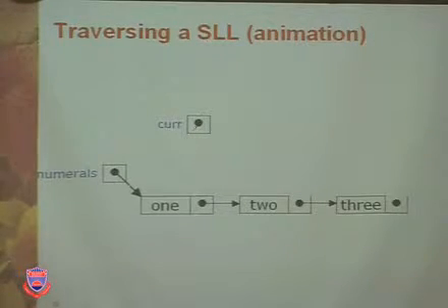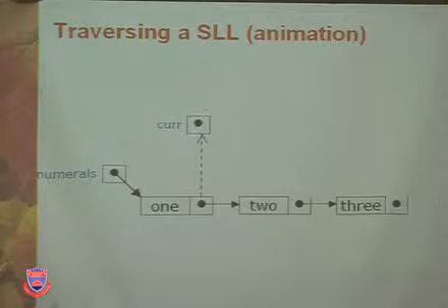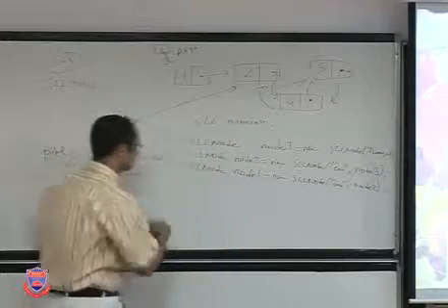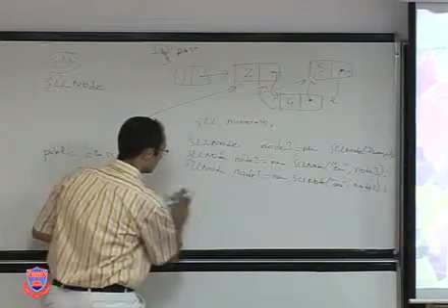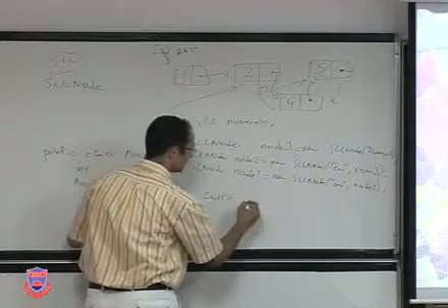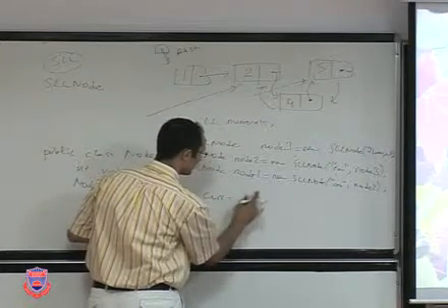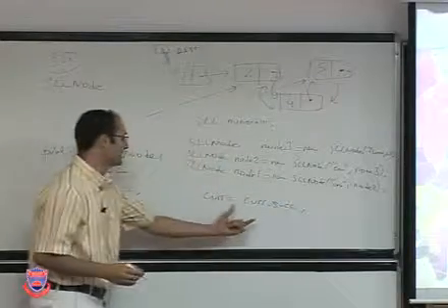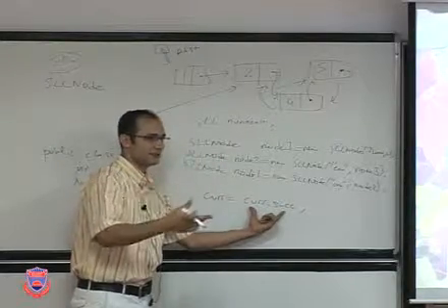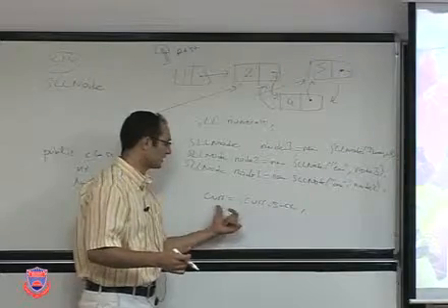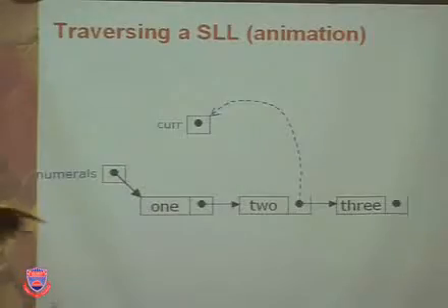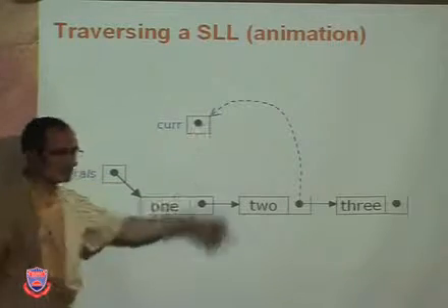And then I will update my successors to be my new current so that I will point to the 2 element, and then it will update with, if you remember this statement, current is equal to current dot successor. So it basically points to the next node in the sequence, and it will update my current to be the successor of the current node. So this dashed line indicates this assignment.